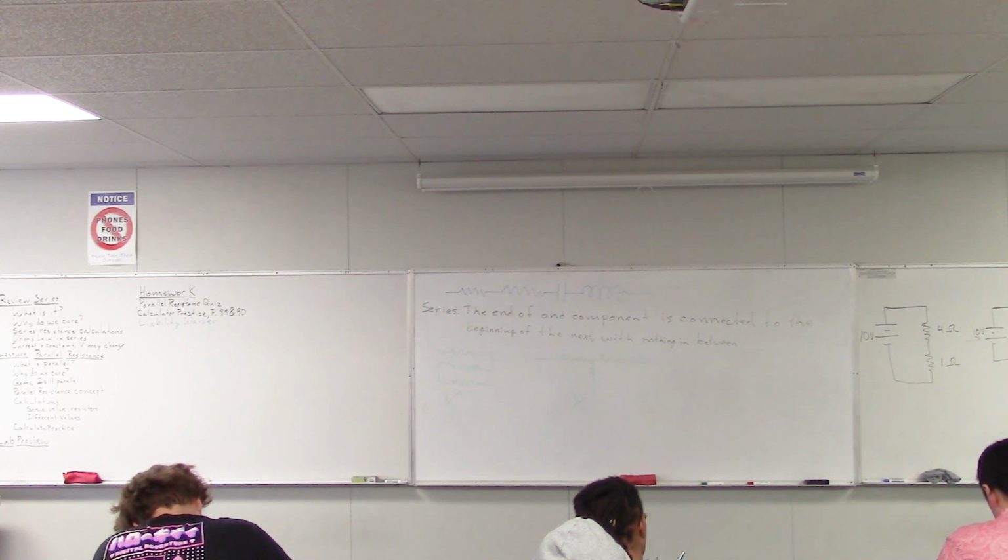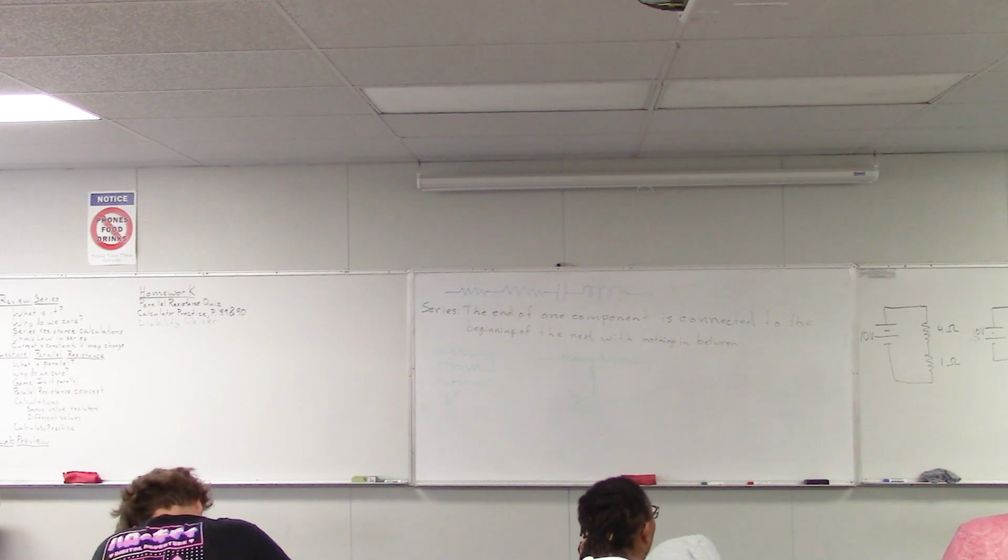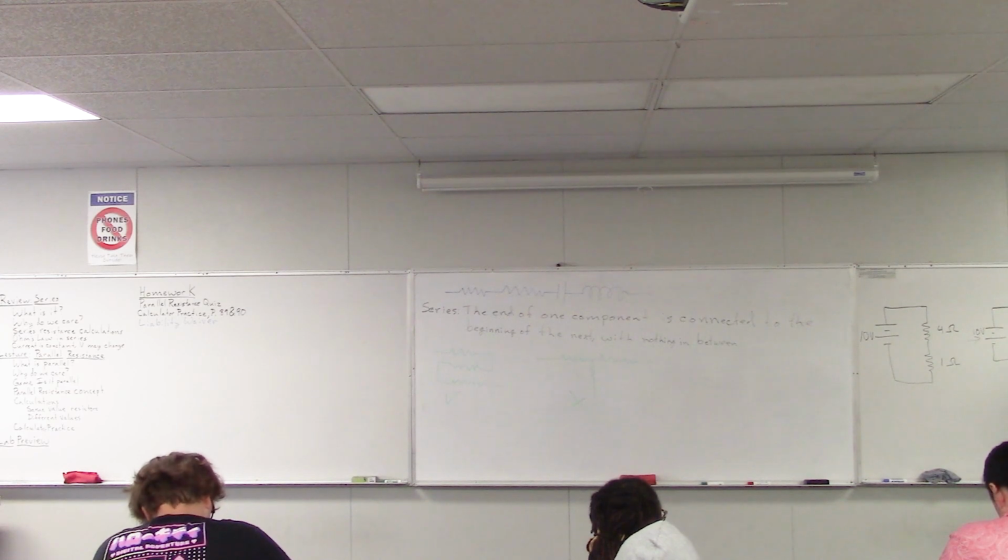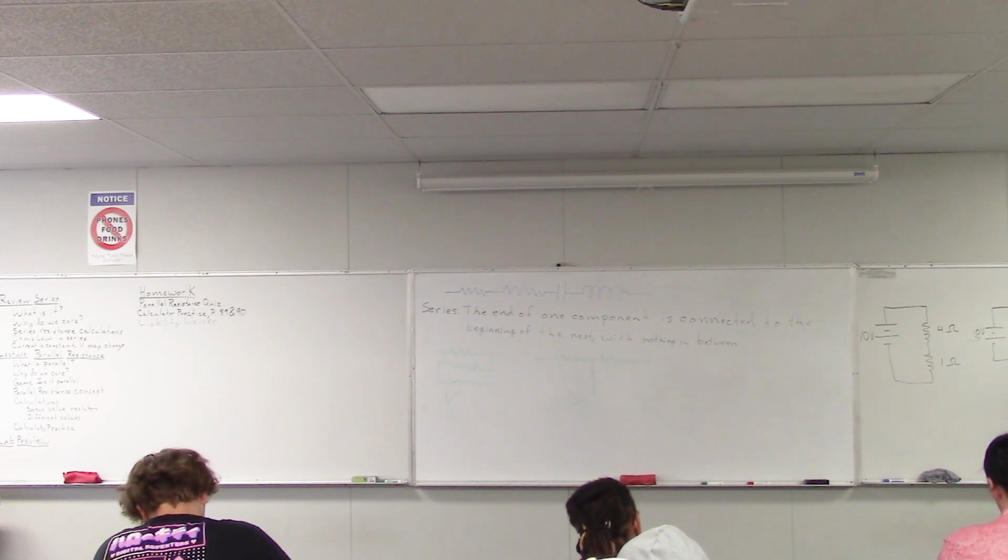So now we have a circuit that has a voltage and a resistor, and we want to find the current. Do we know how to do that? Yeah. So we can use Ohm's law to do that. Remember, we write Ohm's law like this. We've got V, I, and R. So we want to figure out the current.